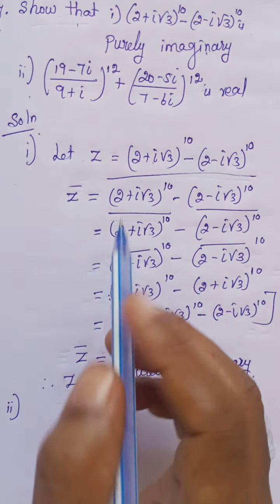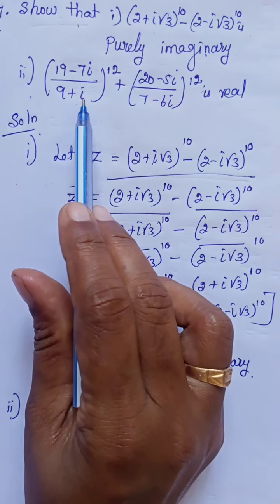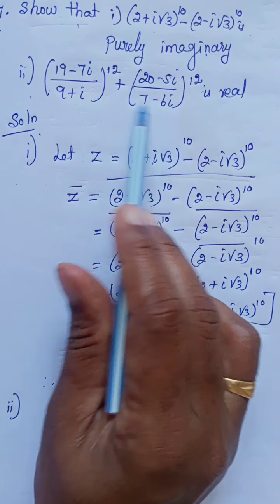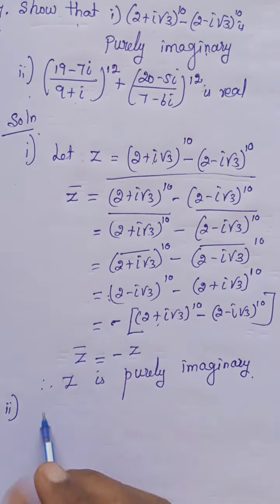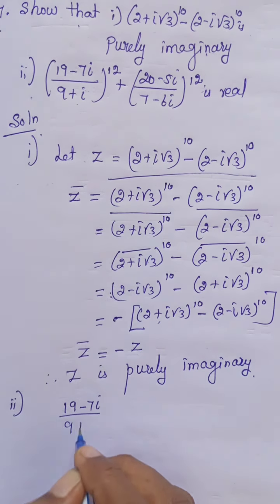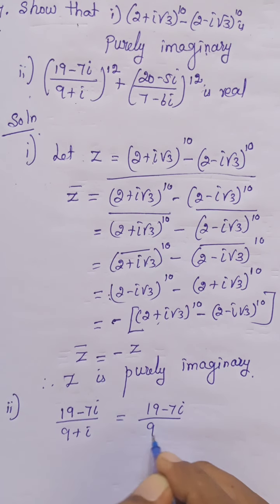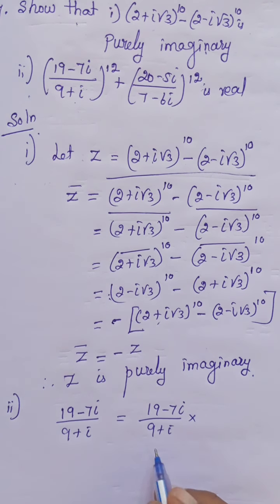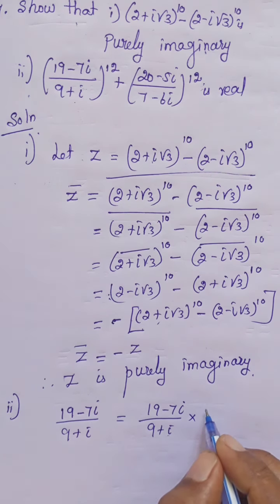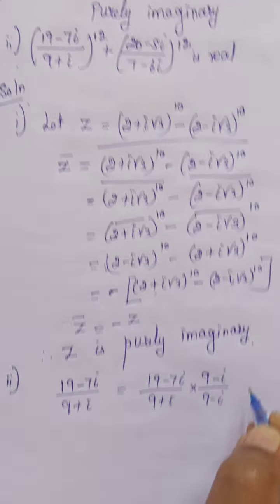Now, subdivision 2. Before we take it as z, we need to simplify both terms because they are given as fractions. So (19 - 7i)/(9 + i). Multiply by the conjugate of 9 + i, which is 9 - i. Now shall we multiply?